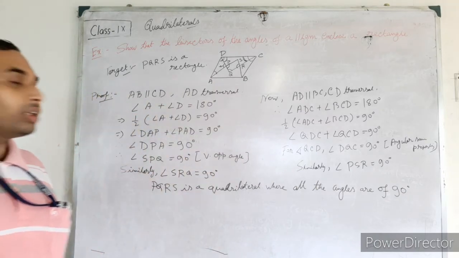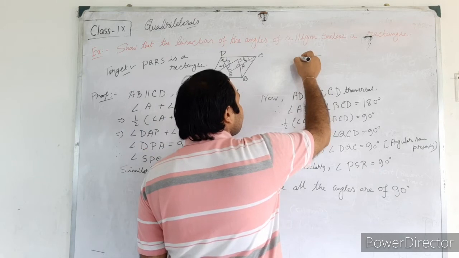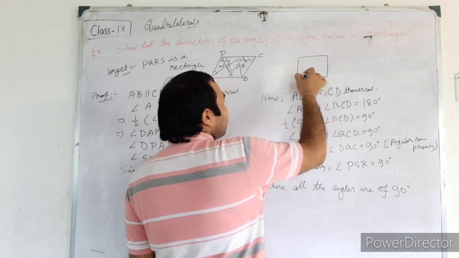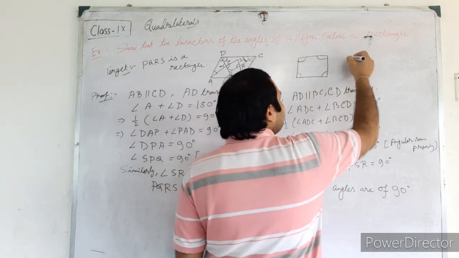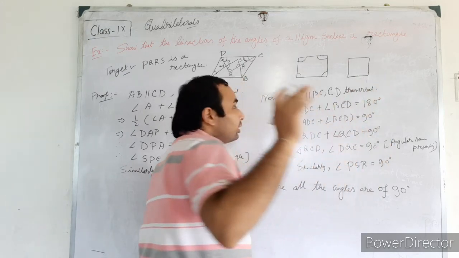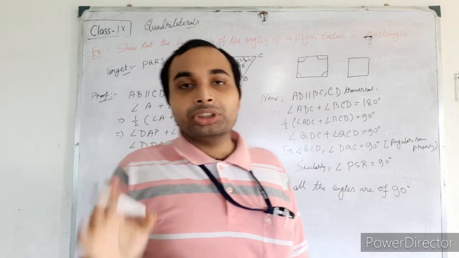When for a quadrilateral all the angles are 90 degrees, it can be like this, a square also, but I have told you the square is the specific part of the rectangle. The rectangle is the more generalized part.